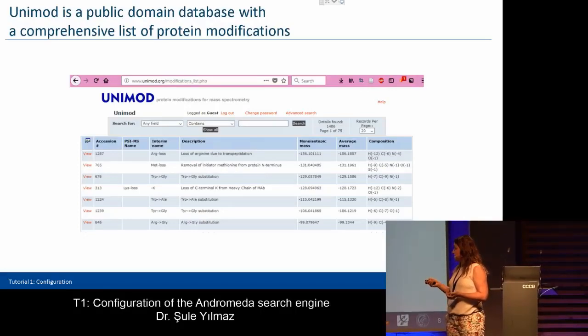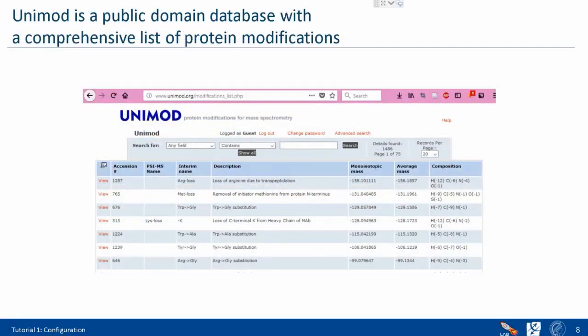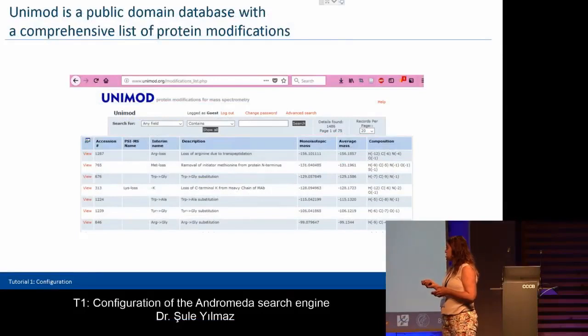We also have the PSI-MS name, the name defined by the Proteomics Standards Initiative Mass Spectrometry Working Group for this modification, some short names, and the description with further detail about the modification. And the mass changes: mass is important for mass spectrometry, and the composition.